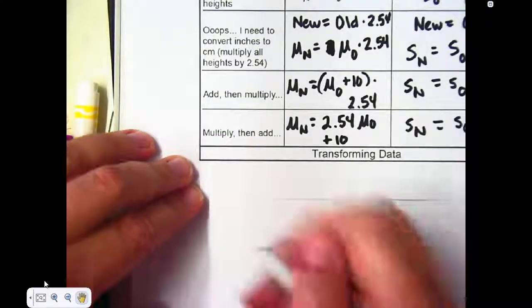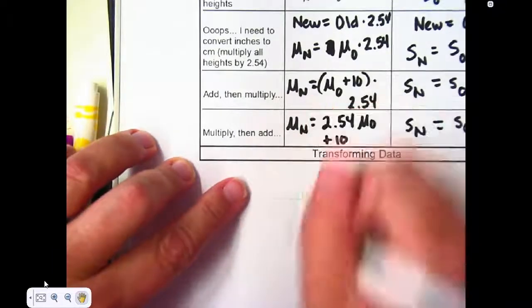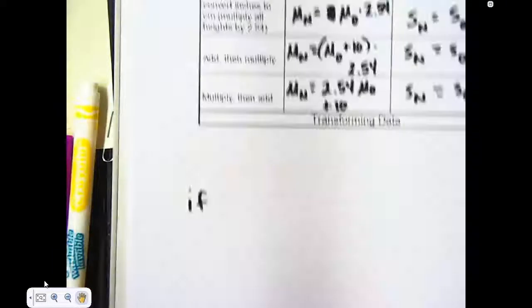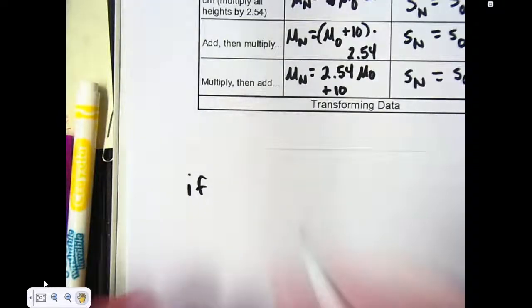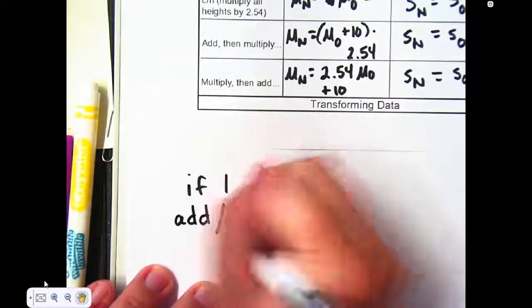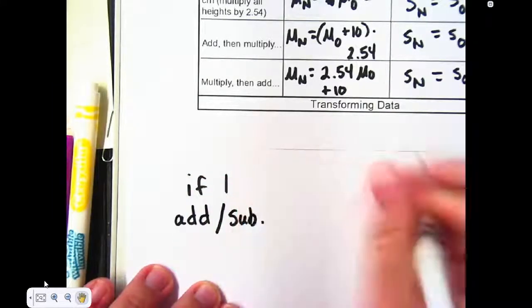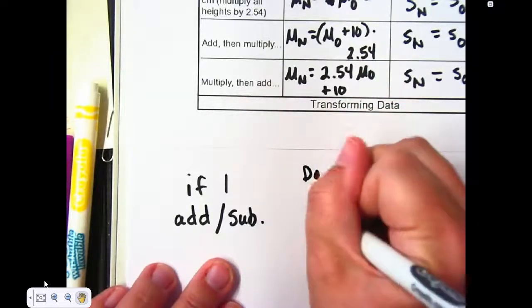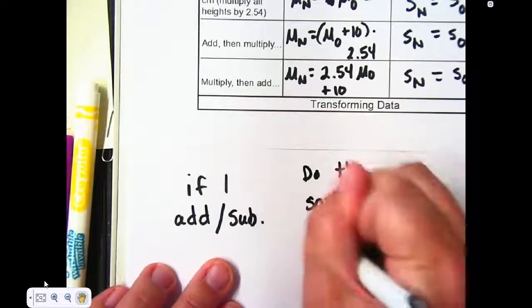So down at the bottom of the page in your notebook, let's go over the general rules. The general rule is if I add or subtract, you're going to do the same to find the new mean.